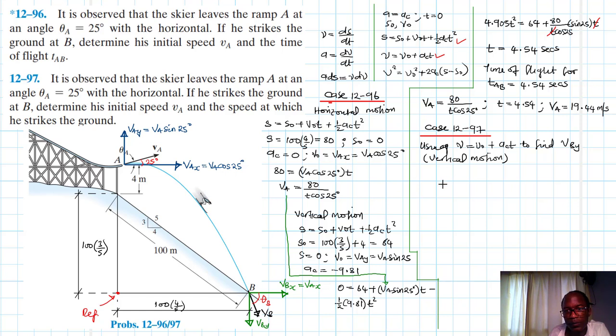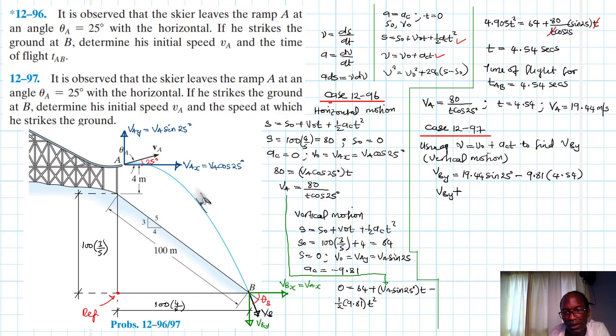We'll say VBY is equal to our V naught, which is 19.44 sine 25, minus 9.81 times the time, 4.54.